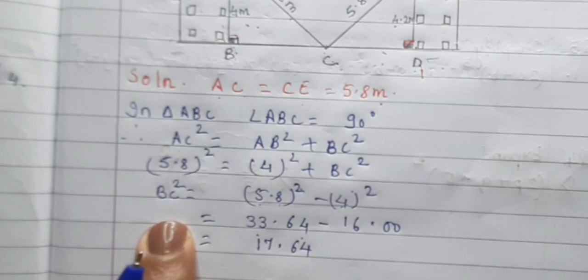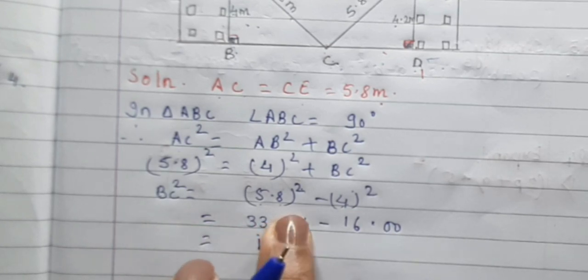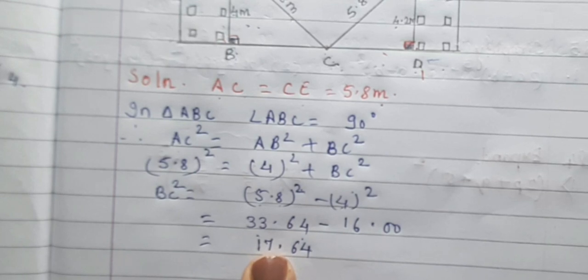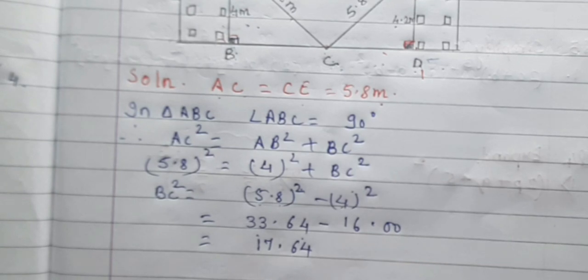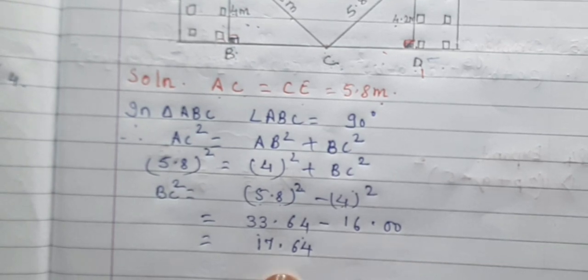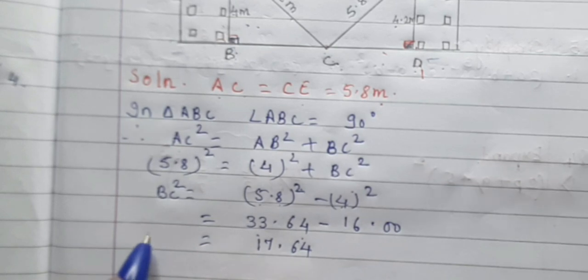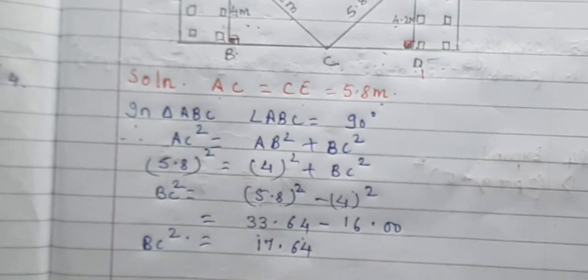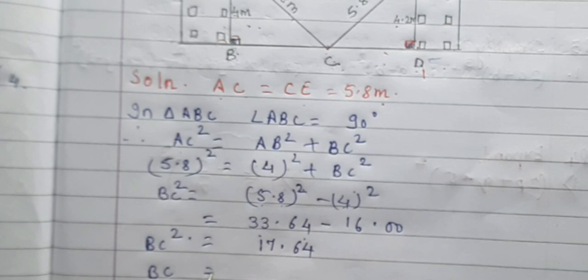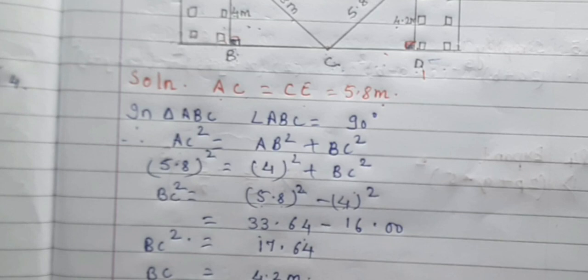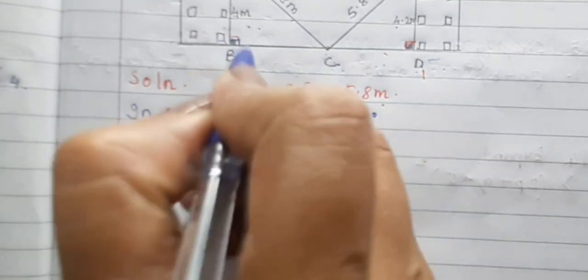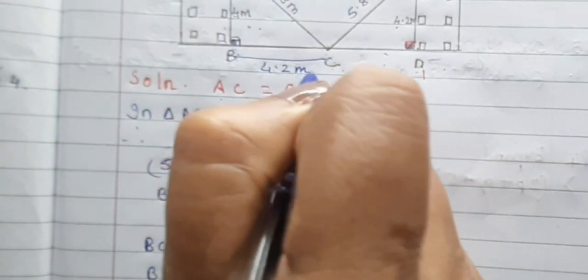This is BC square, that is equal to 5.8 square minus 4 square, that is 33.64 minus 16.00. So the subtraction is 17.64. Now BC square is 17.64. So what will be BC? BC is equal to 4.2 meters. Right? What is BC? It is 4.2 meters. Now this is the length of BC, this length, that is 4.2 meters.